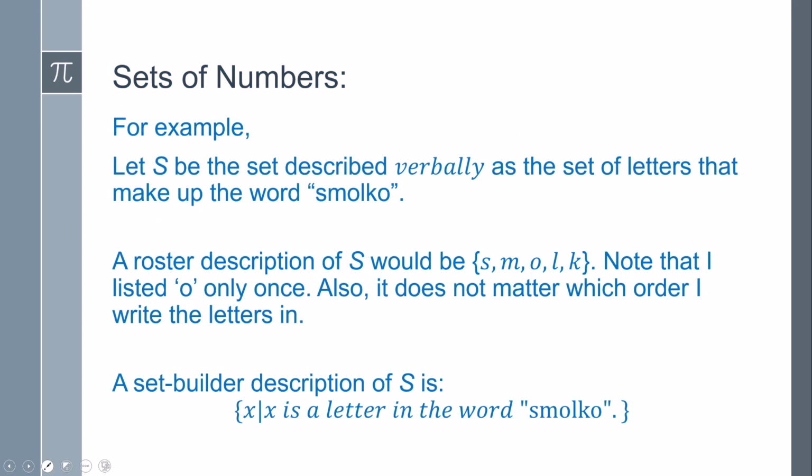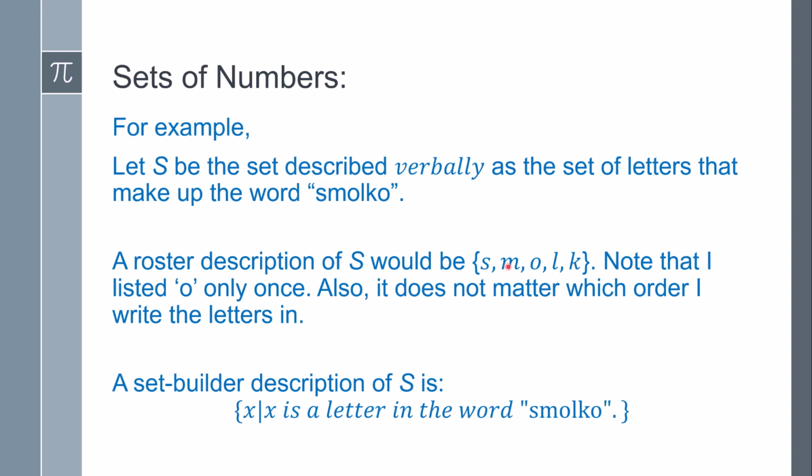So let's look at an example. Let S be the set described verbally as the set of the letters that make up the word Smolco. I wrote a sentence to describe it. The roster version of that, there's my left brace, and then I have all the elements inside there.